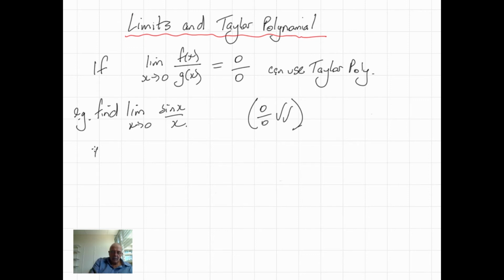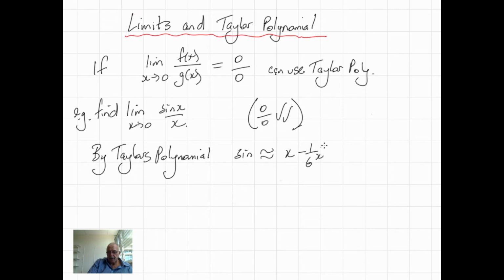Now, by Taylor's polynomial, sine x is approximately equal to x minus 1/6 x cubed plus 1 over 120 x to the power of 5. Now that was done in previous work. Sine of x is approximately equal to that polynomial.